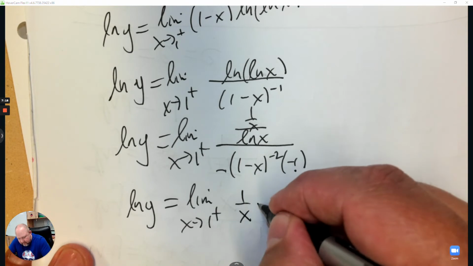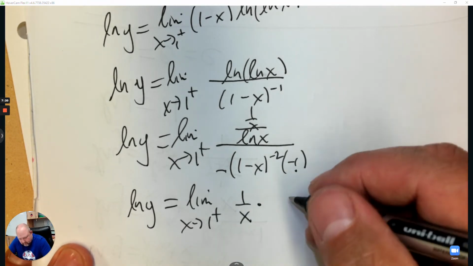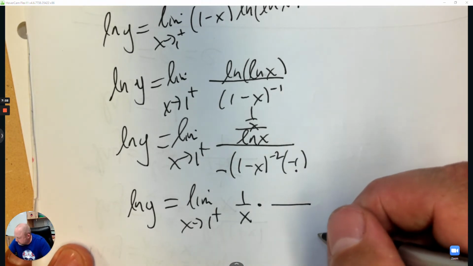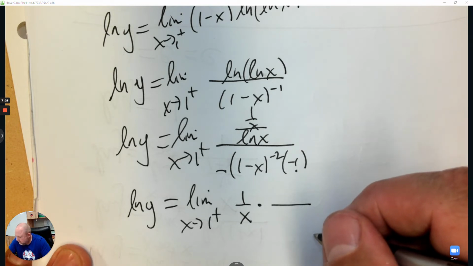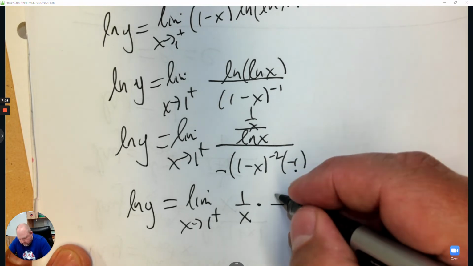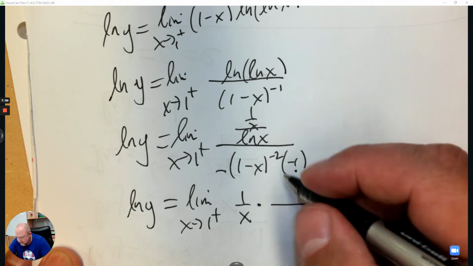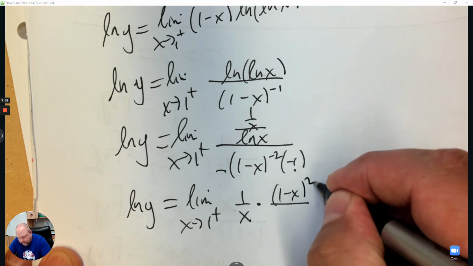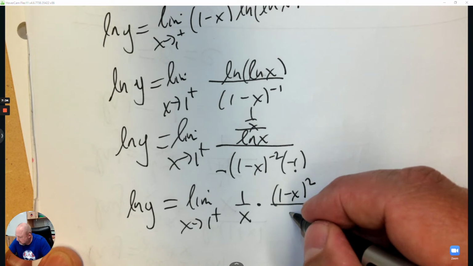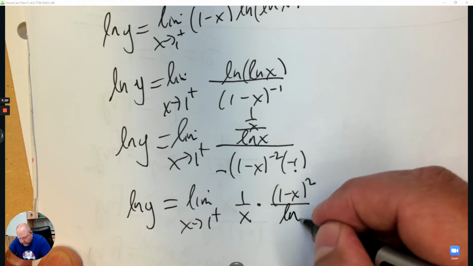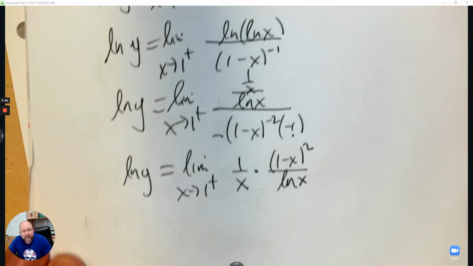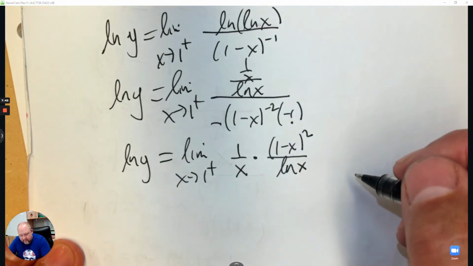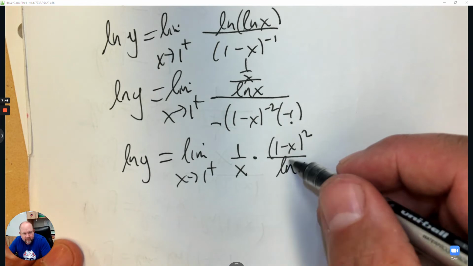So I have 1 over x times the reciprocal. All right, so there it is there. If I plug in 1, it's still indeterminate.